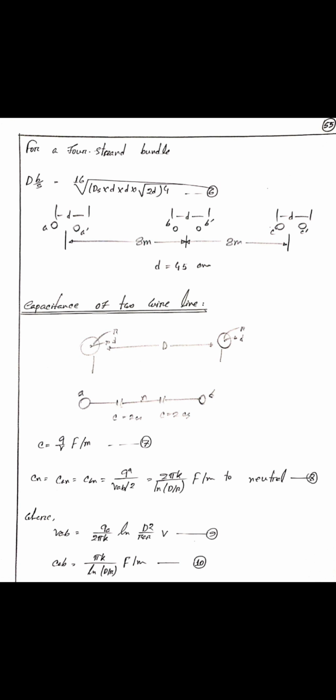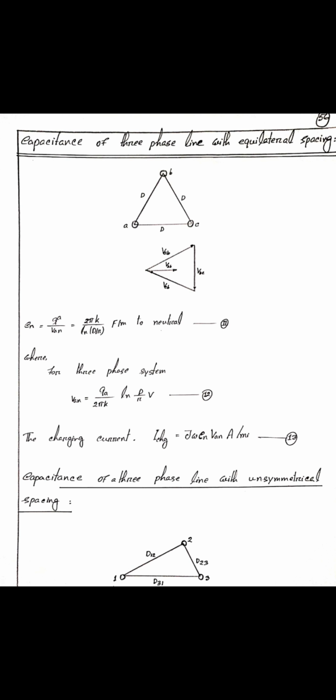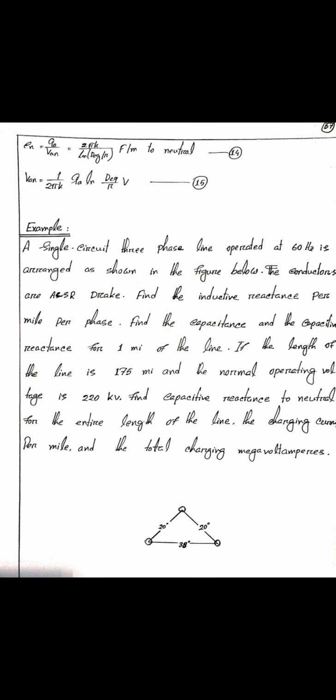Capacitance of two wire line is in the figure and equation. The capacitance of three-phase line with equilateral spacing is in the figure and equation. Capacitance of three-phase line with unsymmetrical spacing is the example. A single circuit three-phase line operates at 60 Hz.